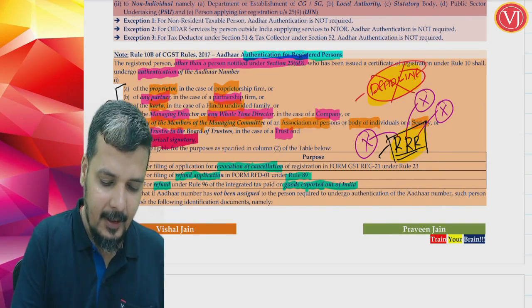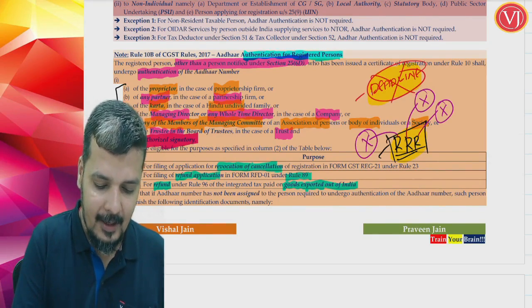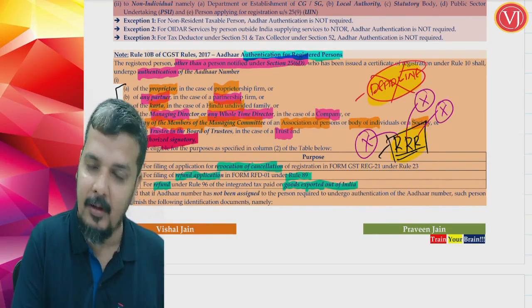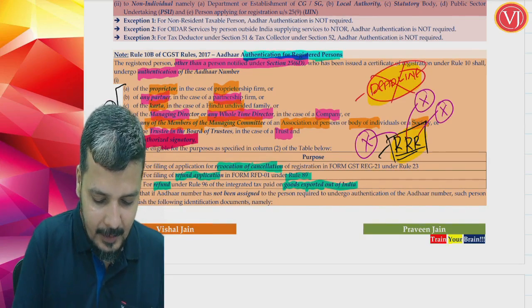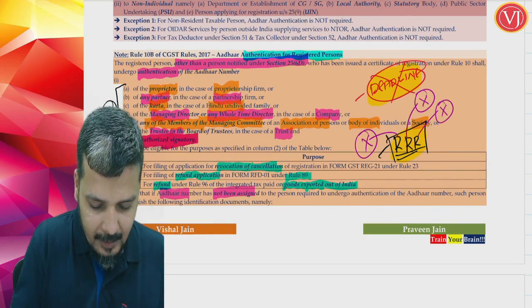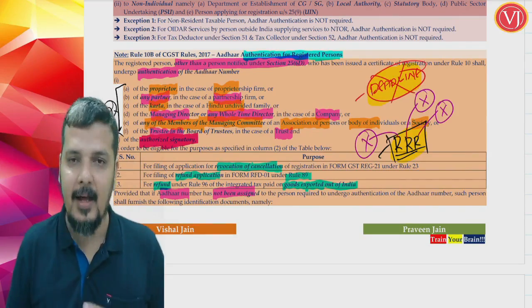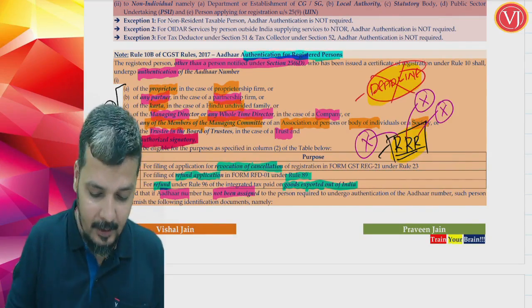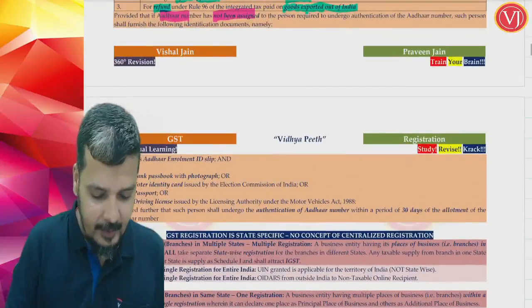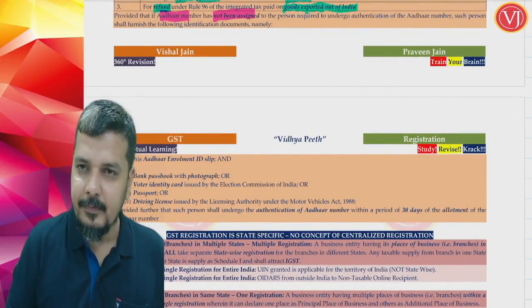But here they carve out an exception. In these RRR cases, they carve out an exception. What is the exception that they tell? If Aadhaar number itself is not assigned, in RRR cases, if the Aadhaar number itself is not given, then what can you do?